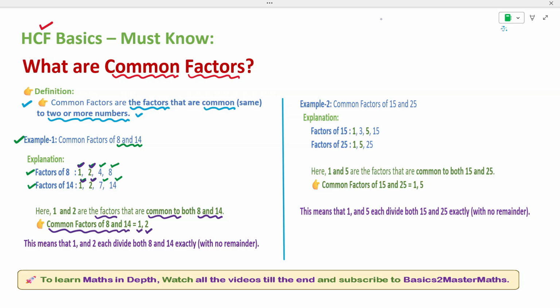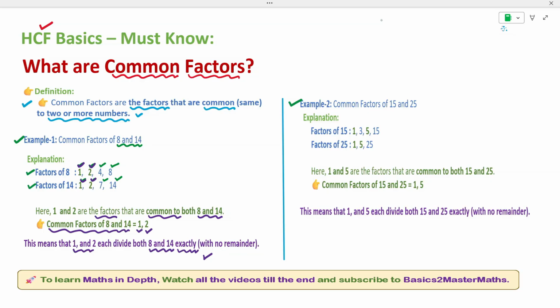Got it? This means that 1 and 2 each divide both 8 and 14 exactly. Got it?